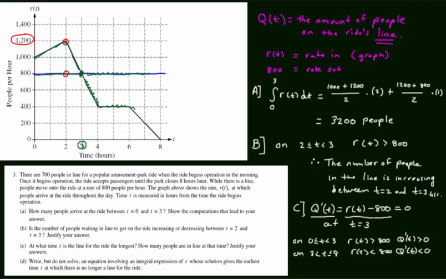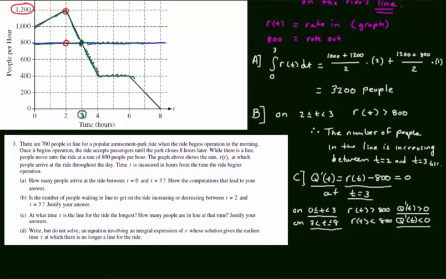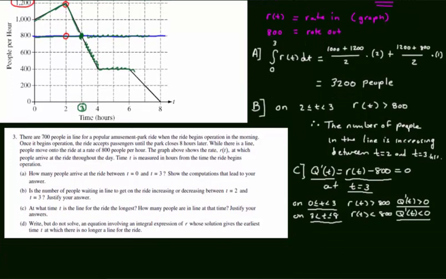So Q prime will equal 0 at t equals 3. The derivative will change from positive to negative, and this will make not just a local maximum of the line, but an absolute max, because it is increasing the whole way from 0 to 3 and then decreasing the whole way from 3 to 8. I will say that the line is max at t equals 3.